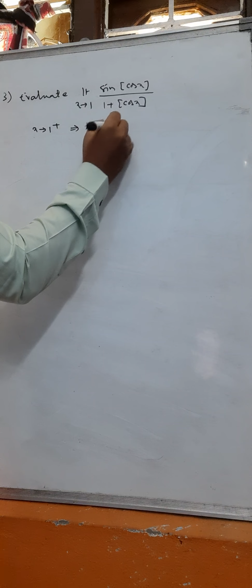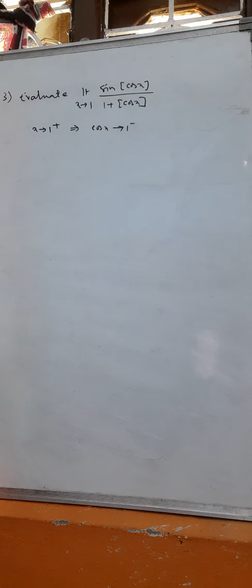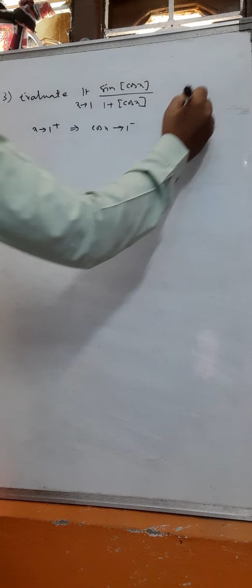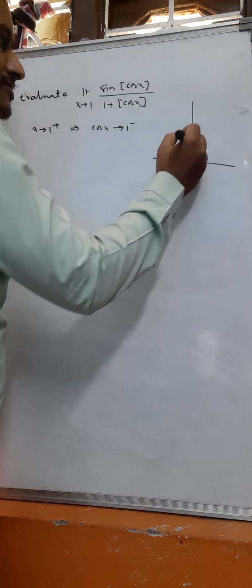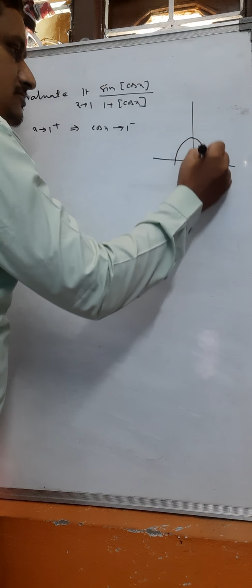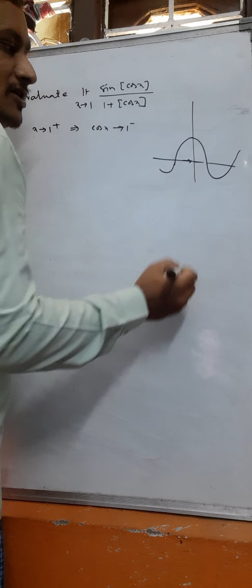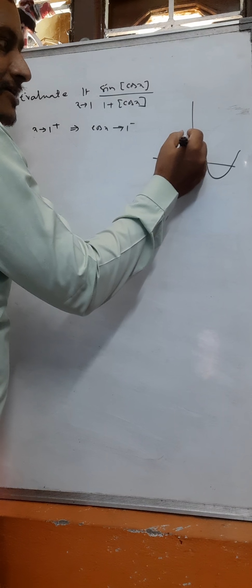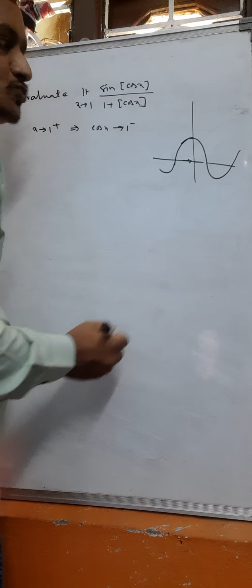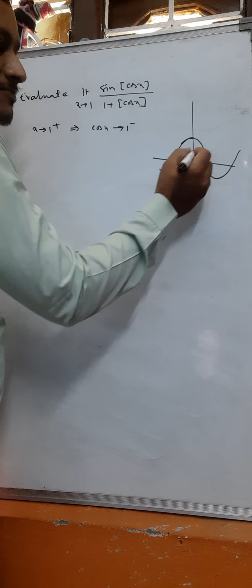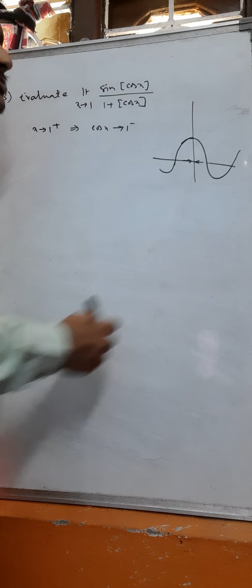Cos x approaches 1 minus, because the diagram of cos x is like this. Here x approaches 0 from the left side, this value approaches 1, and from the right side also it approaches 1 only.